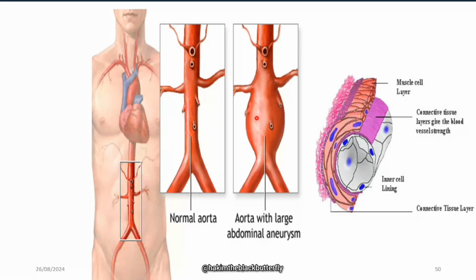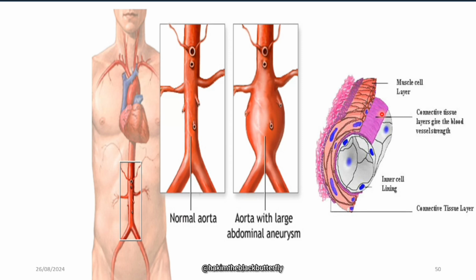We know that the aorta is a blood vessel. Just like any other blood vessel, it has to be made up of a connective tissue layer, a layer that has to make this vessel strong, to accommodate blood regardless of the pressures of that blood.